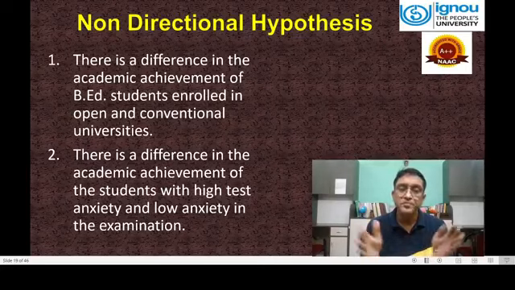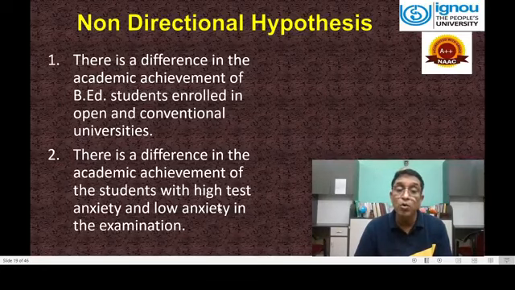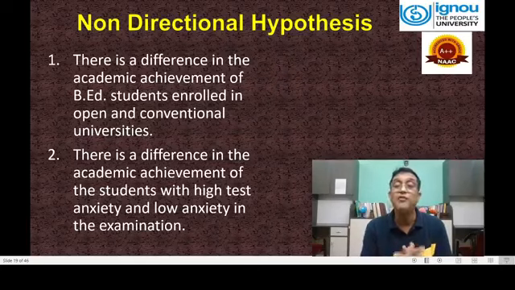Here it has simply explained that there is a difference between high test anxiety and low test anxiety group students in their academic achievement. So there will be a difference, but who will score better, who will score poorly, is not clarified here.